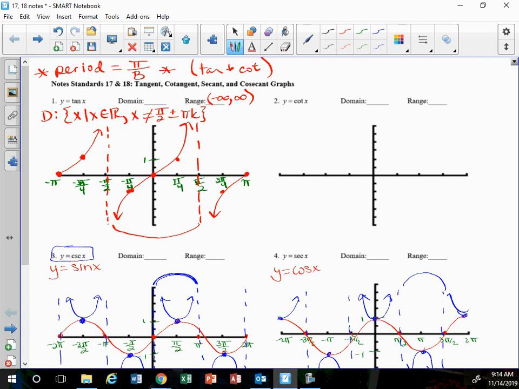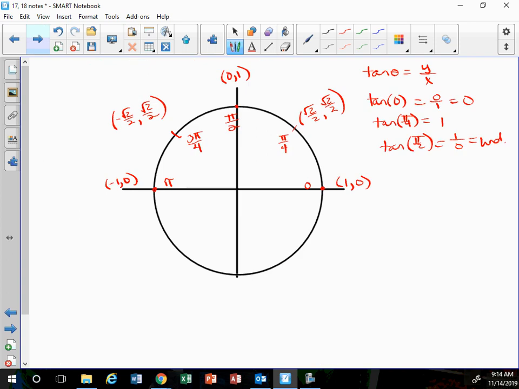Okay, cotangent. What is cotangent in terms of x's and y's? X over y. So what I want you guys to try is to graph it. You're only going to need this part of the circle. Think about what the cotangent at those points will be.